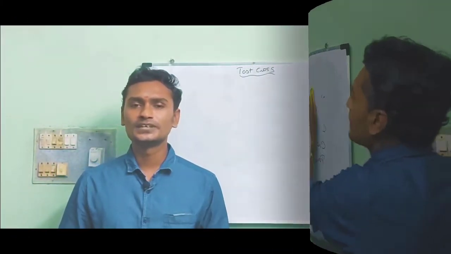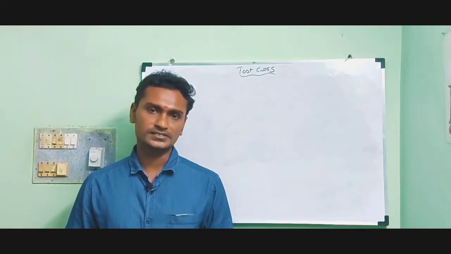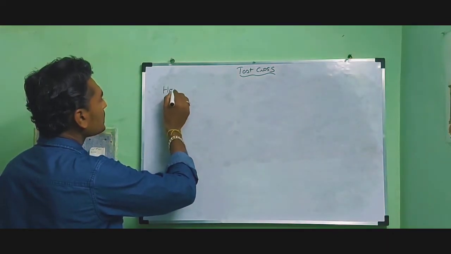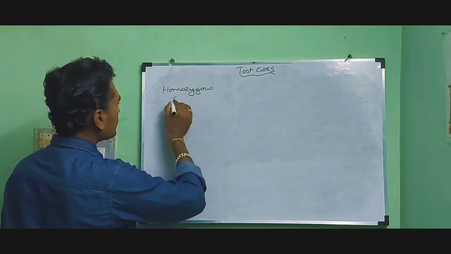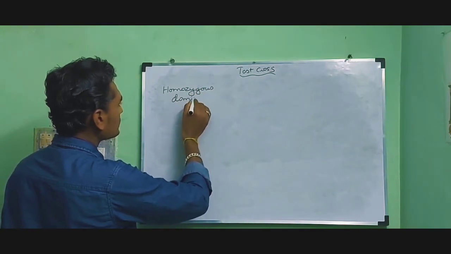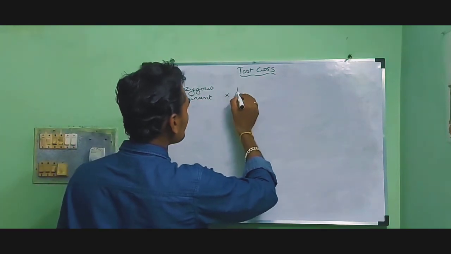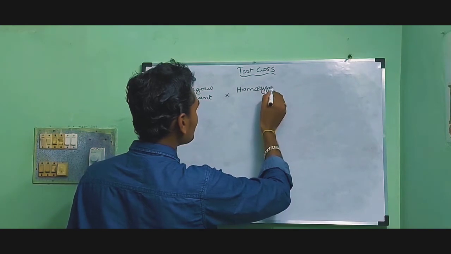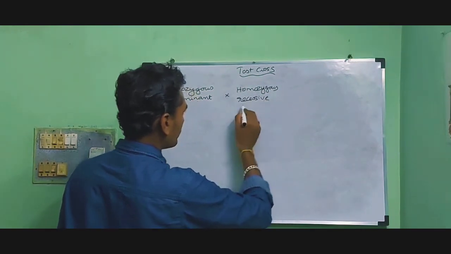The first is a homozygous dominant parent crossed with a homozygous recessive parent.